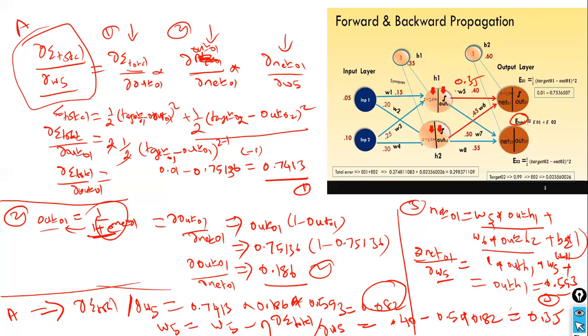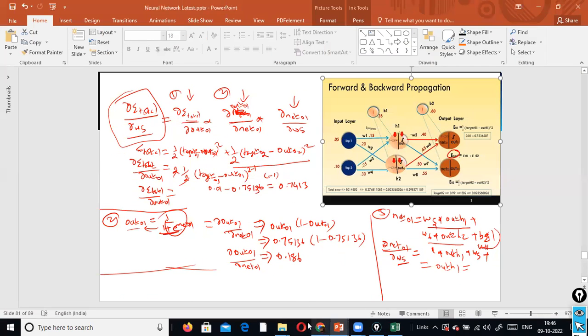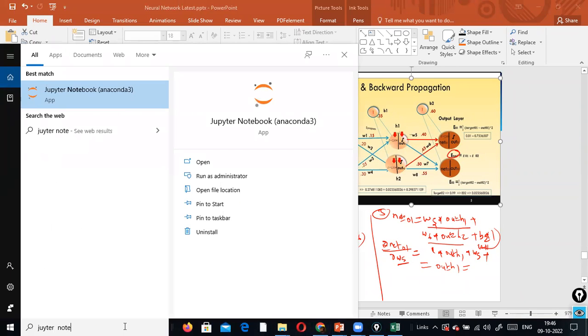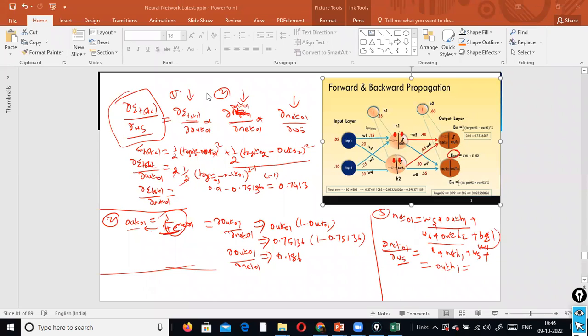So in the interview, they'll ask you about backward propagation, how the backpropagation works, but we don't have to do anything for this. It is very simple. I will just show you in the Jupyter notebook how to do it. In the case of Keras, we don't have to do anything. Like with gradient descent, we implemented it using our own logic, our own program.